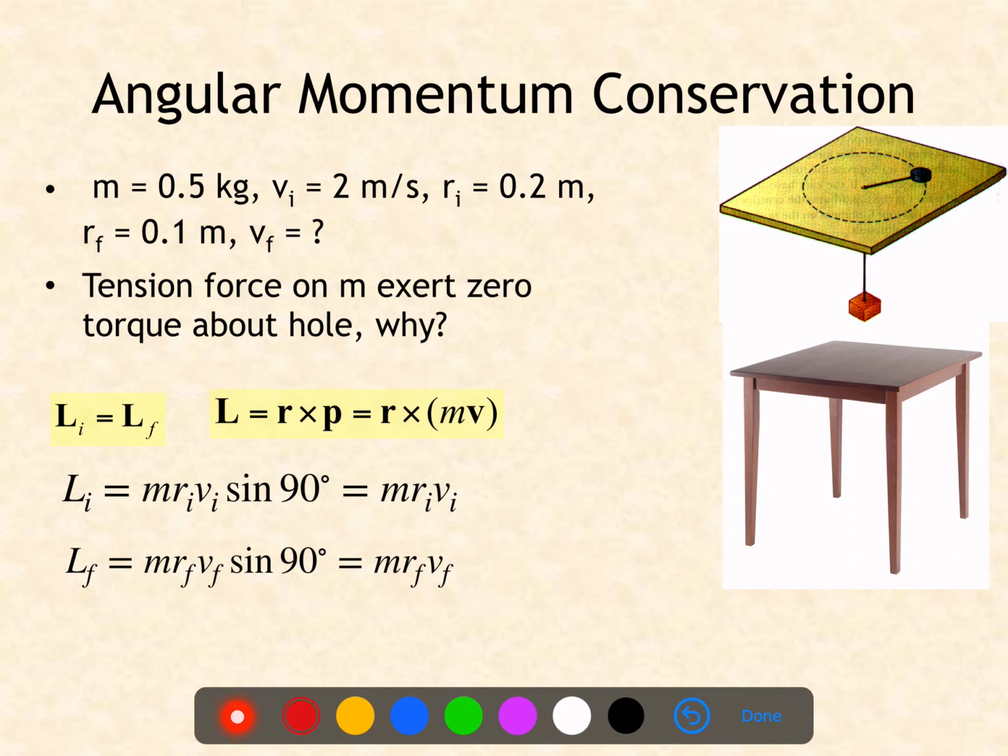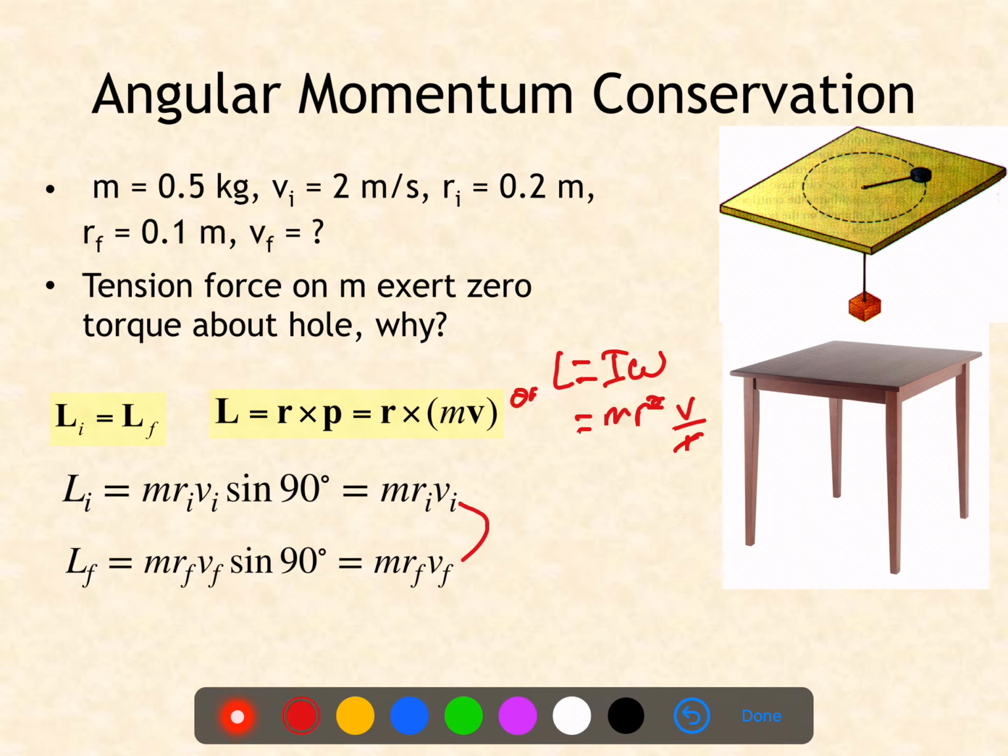Another way to look at it is to approximate that the rope is massless, and we can take this to be L equal to I times omega, where I is like a particle, mr squared, and then omega is v over r, and you see that we get back this same equation here. Either way you slice it, the initial state and the final state have very similar expressions. It's just that the r and v values are changing.